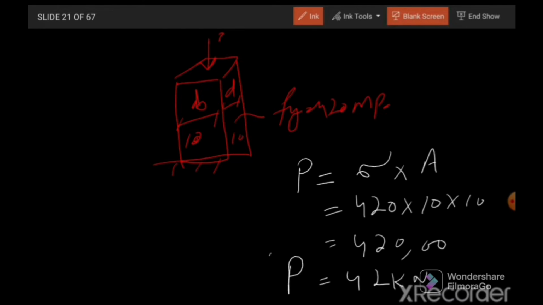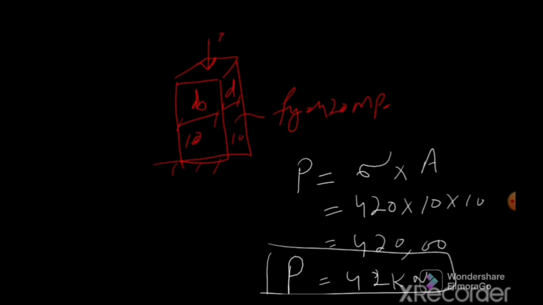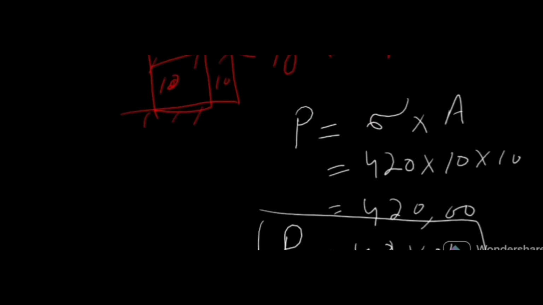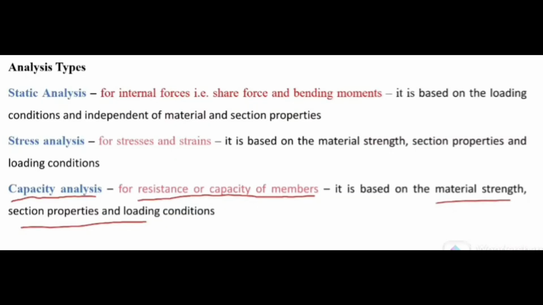This member will resist a 42 kilonewton load. So this is the capacity analysis. Based on the sectional properties as well as the material strength, we have calculated its maximum resistance. So while designing, we need to perform these three types of analysis most of the time.